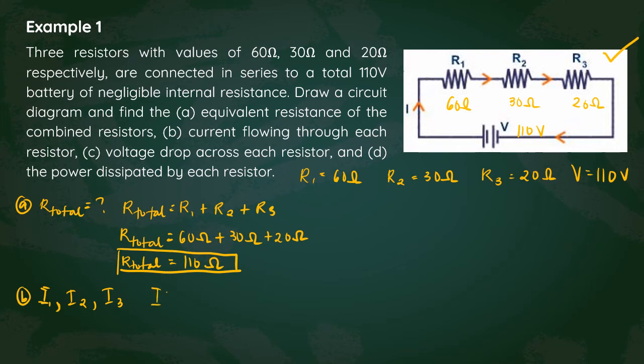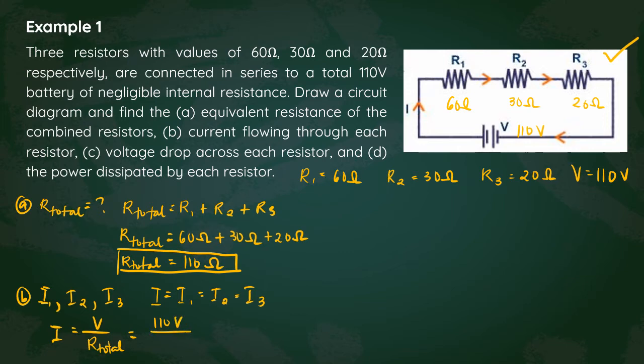Therefore, I, or the total current, is equal to I1, which is equal to I2, which is equal to I3. And I, the total current, using Ohm's law, we know that current will be equal to the voltage divided by the total resistance. So what's our voltage? It's 110 volts.